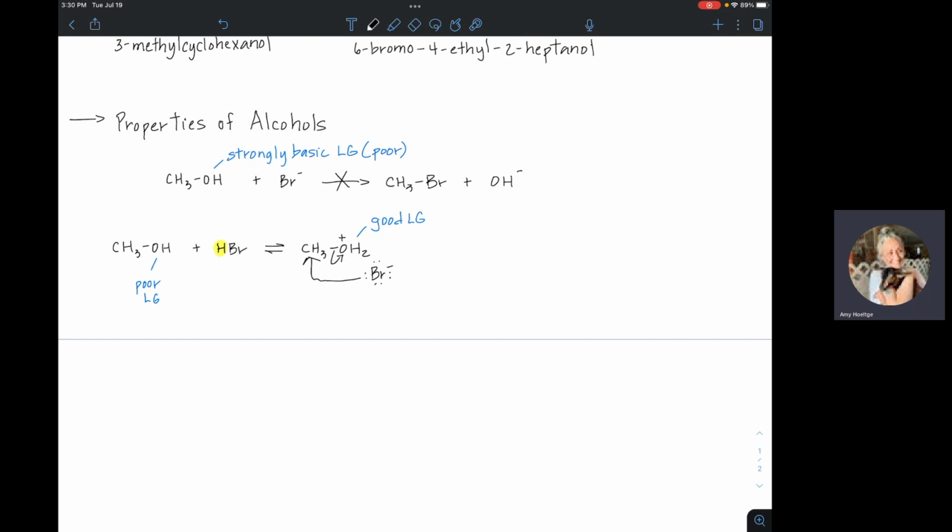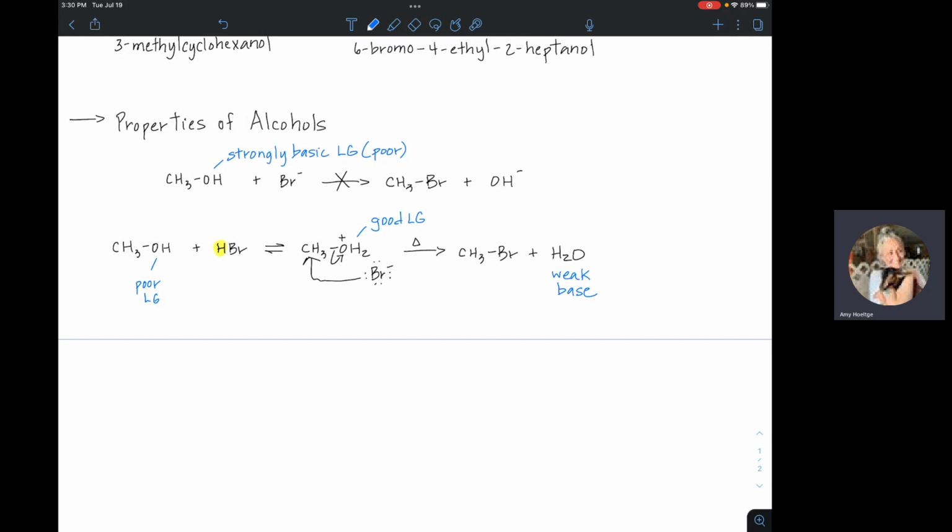Water is going to take off, usually with a little encouragement in the form of heat, and we end up with methyl bromide. And your leaving group is water. So this right here is a weaker base than hydroxide. Remember, the weaker the base, the better the leaving group.